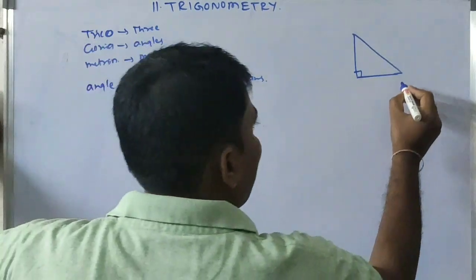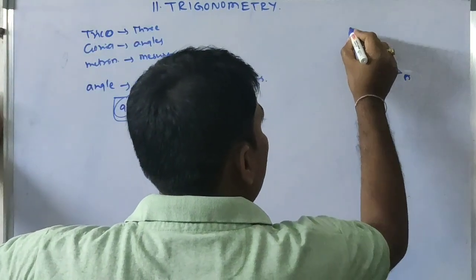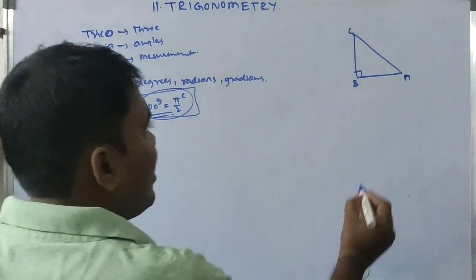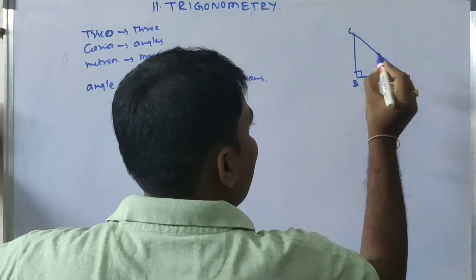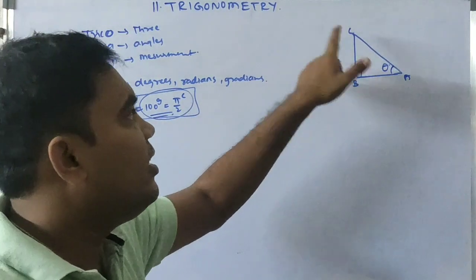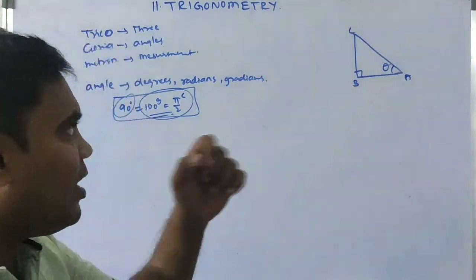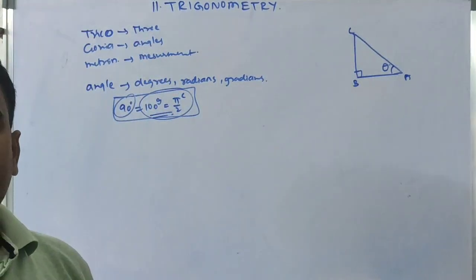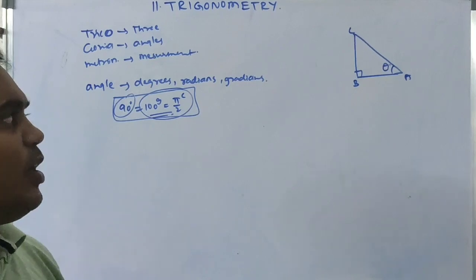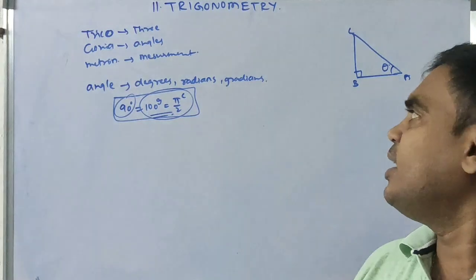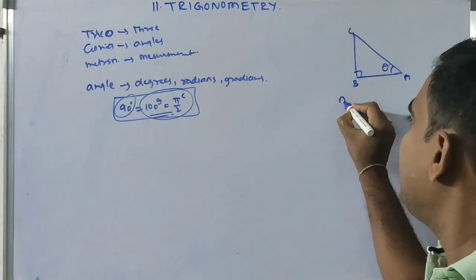I am taking a triangle ABC, with a right angle at B. Let us consider this angle theta, so angle BAC equals theta. Next, what is AC? The side opposite to the right angle is called the hypotenuse. So AC is the hypotenuse.